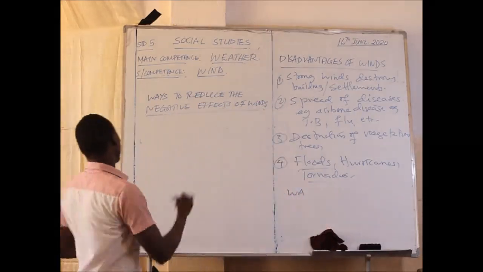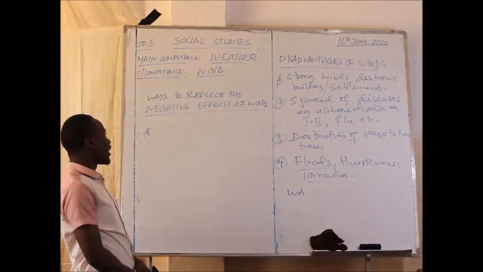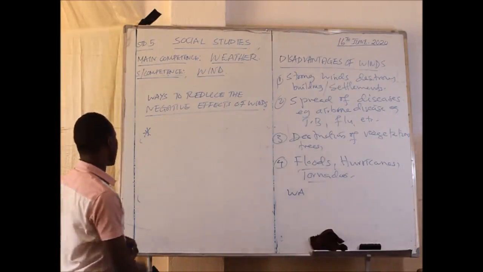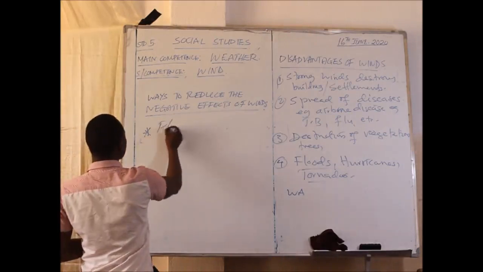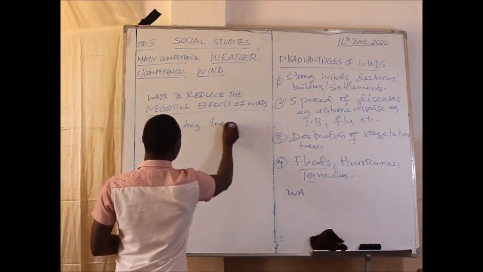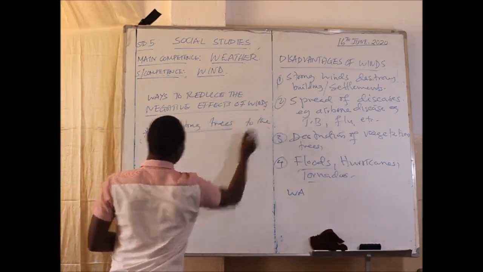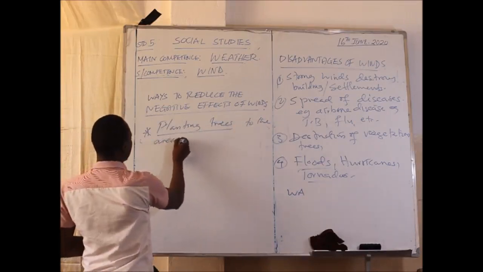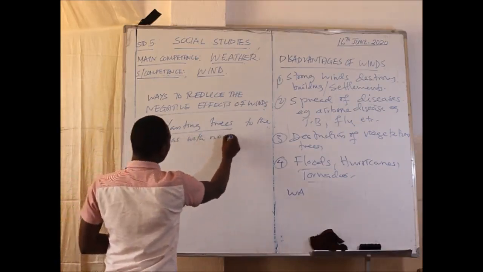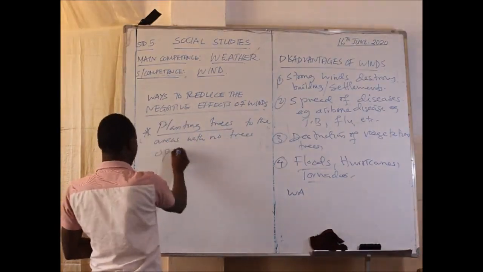We have one and the only best method that can be applied to reduce the effects resulting from winds. It is planting trees, especially in areas with no trees or open areas.